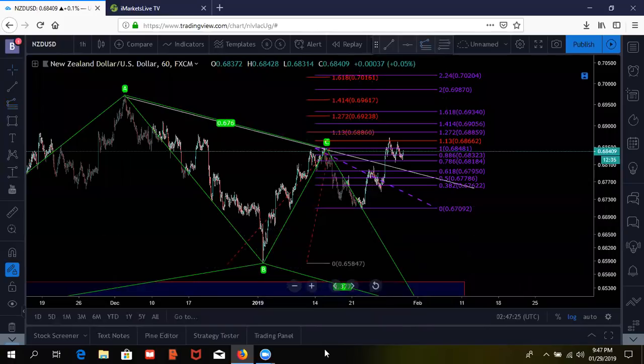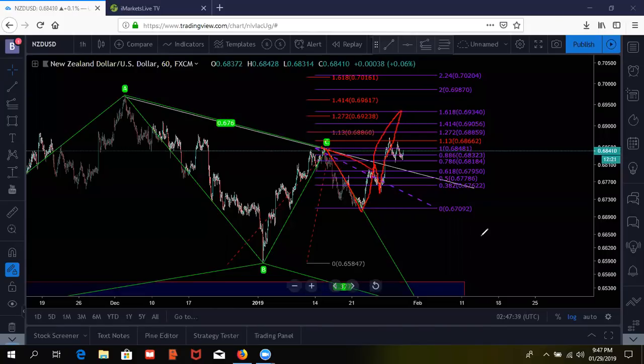Because if it did, then what I see right here is a potential crab pattern, X, A, B, C, completing at the 1.618 for a sell opportunity.